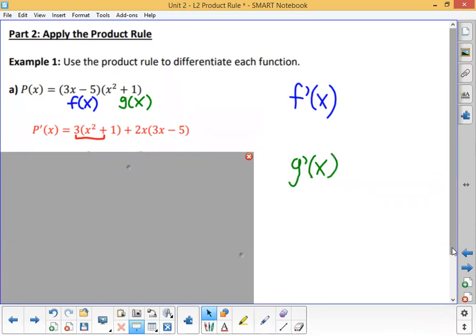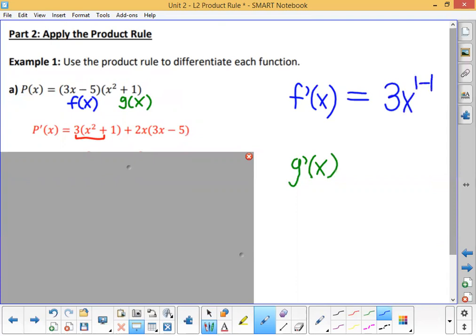If I take the derivative of 3x minus 5, notice the negative 5 is a constant, so it becomes 0. For 3x to the power of 1, when I bring the 1 down, that just becomes 3 times 1, and x to the power of 1 minus 1, which becomes x to the power of 0.